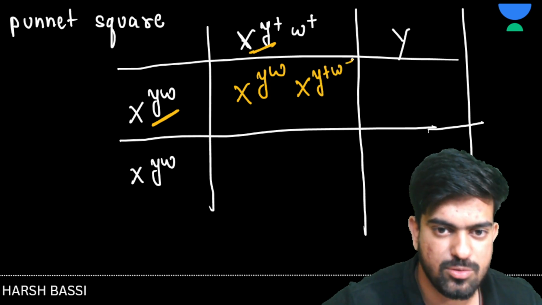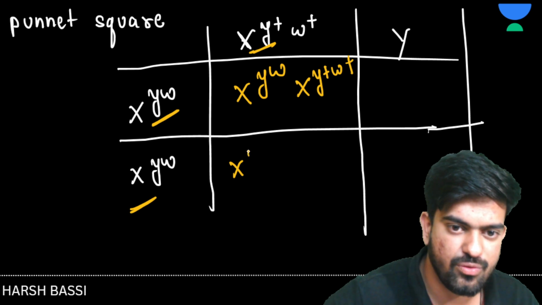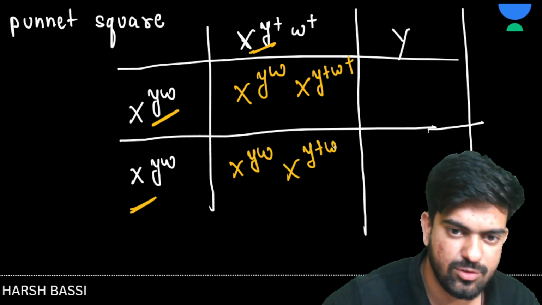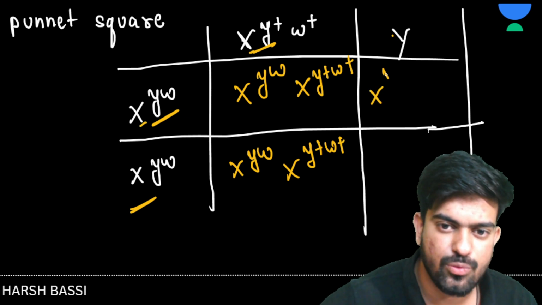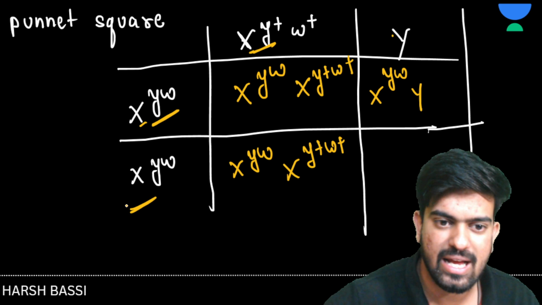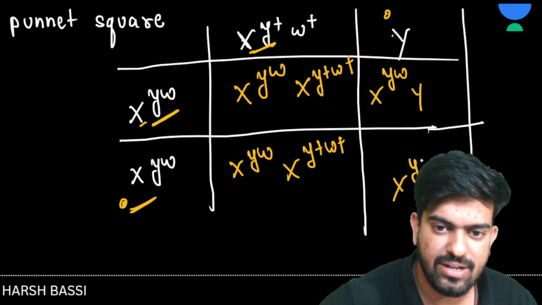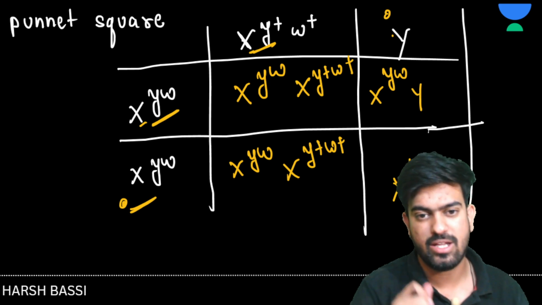Then this and this: X YW and X Y plus W plus. Then this and this: X YW and Y. And then again this and this: X YW and Y. So this is the combination which we are getting.